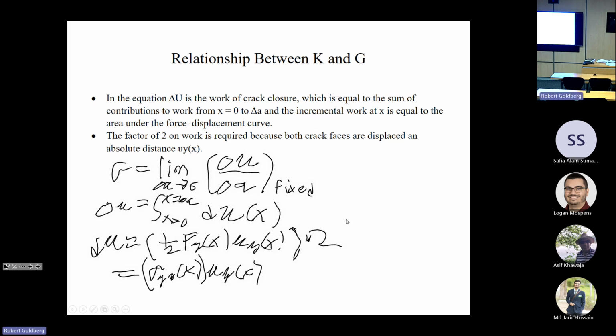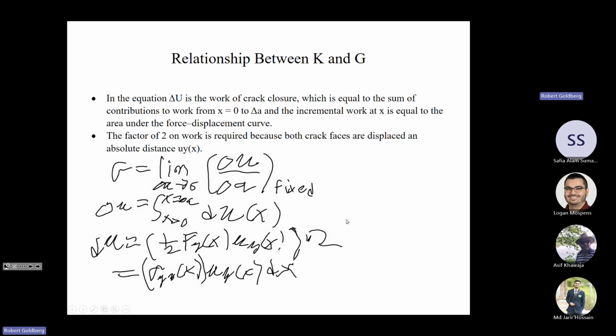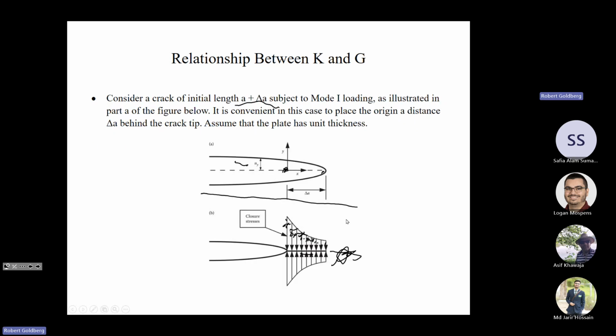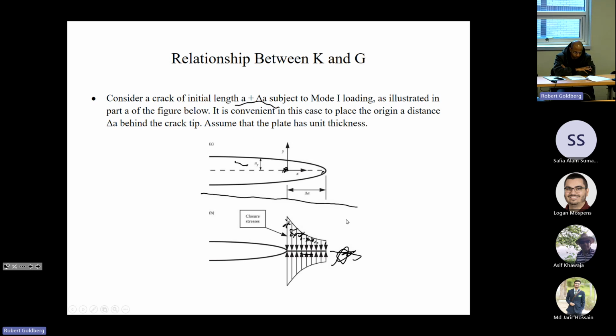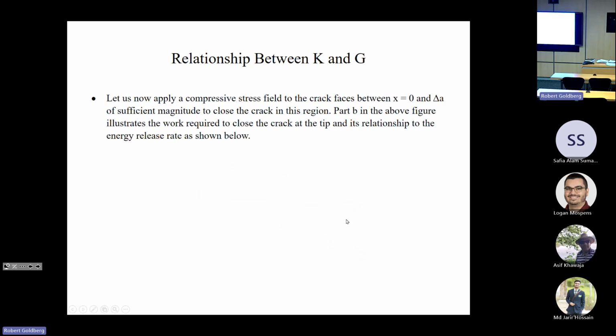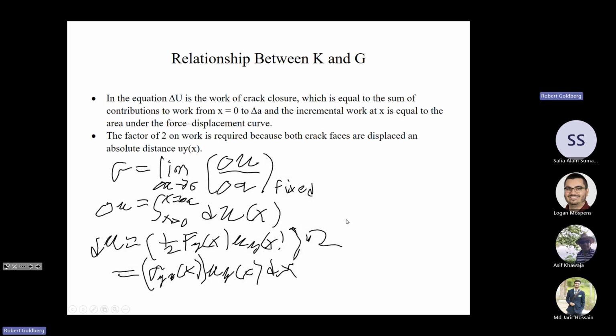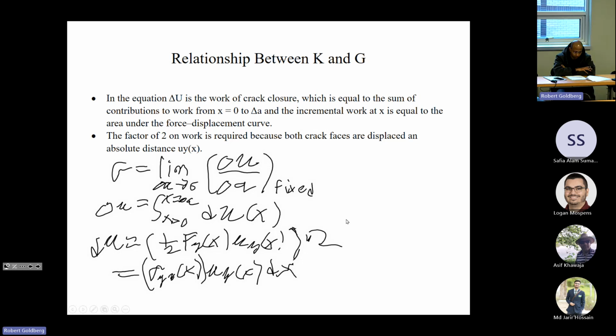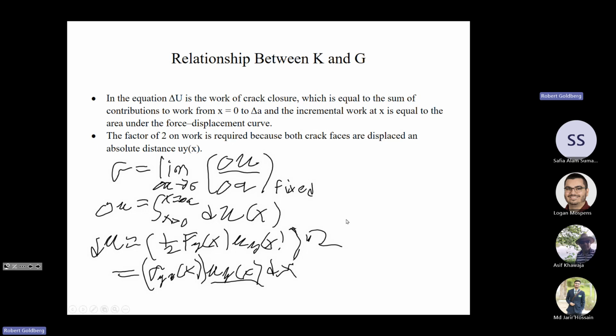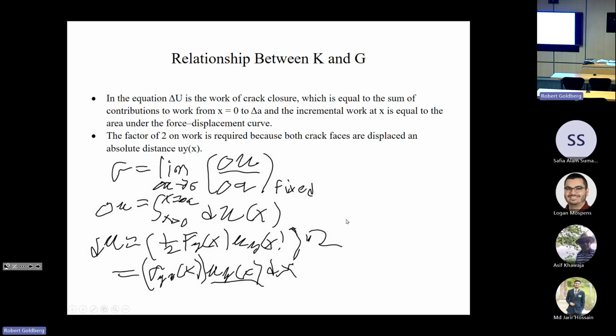The force is equal to the stress times the area, and that's where unit thickness, it's dx along the x direction, 1 into the plane of the paper, and this uy is what we had before. So we now have our increment in strain energy is equal to the stress times the displacement multiplied by our increment of distance dx.